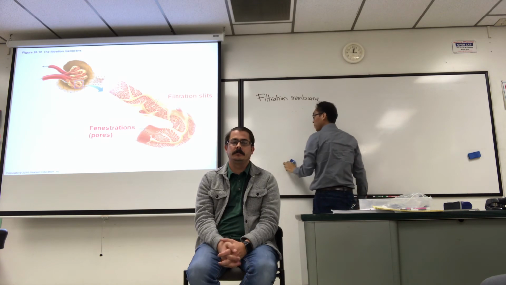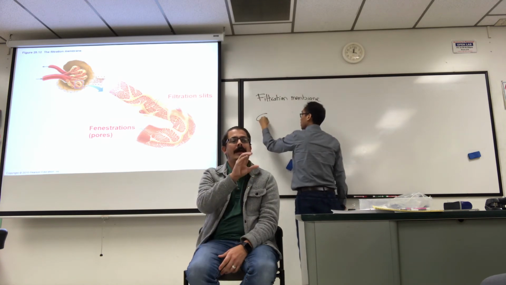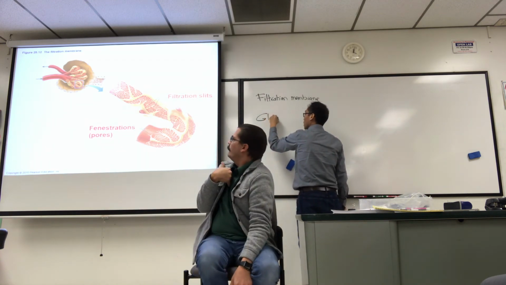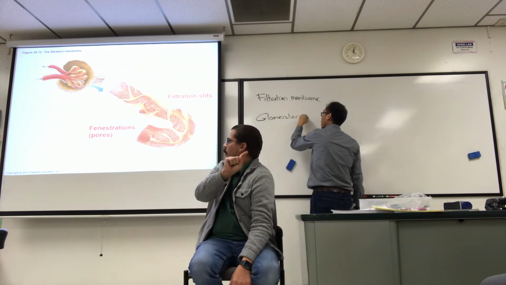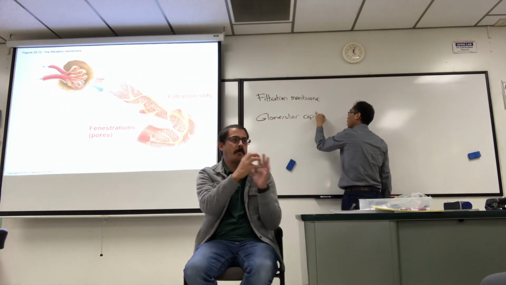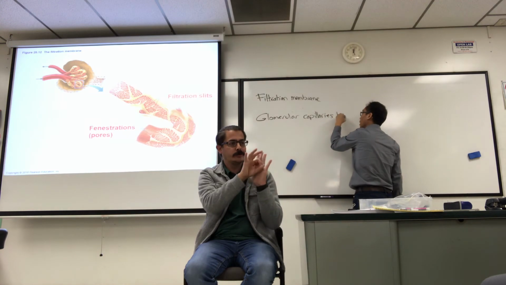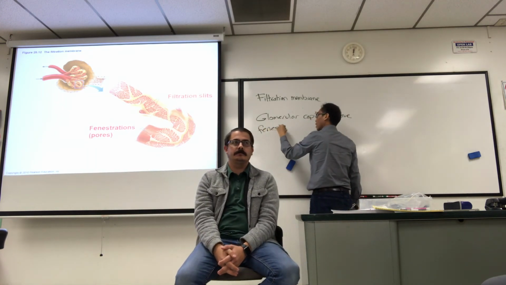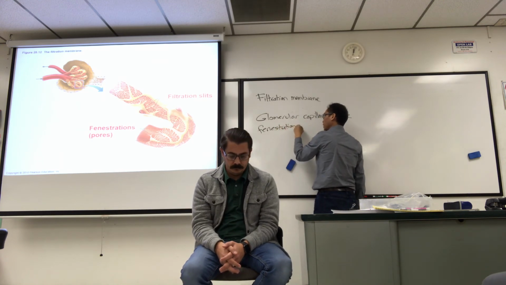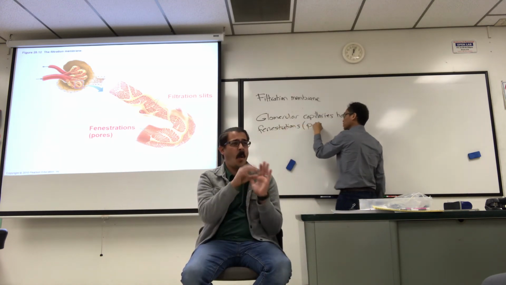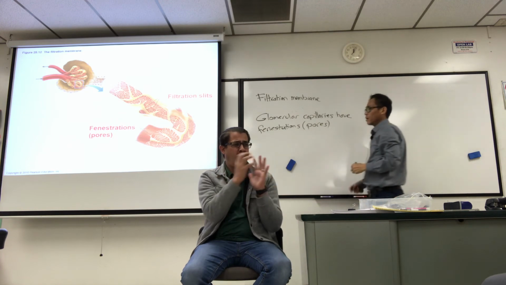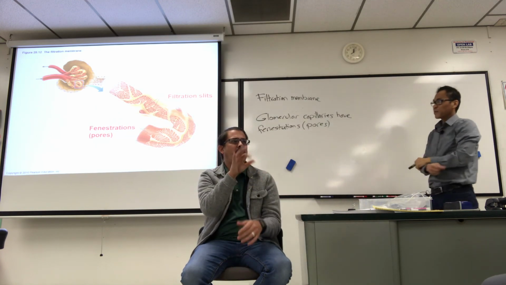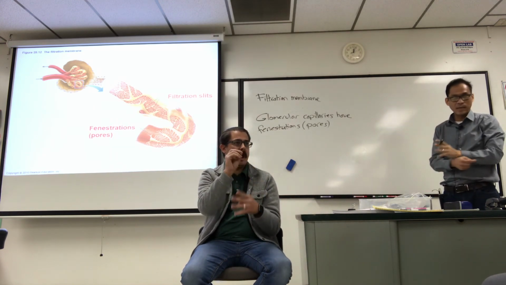The glomerular capillaries have fenestrations. It's full of pores that allow the fluid plasma to filter out. However, you want to limit that. You don't want to lose a lot of nutritious things by filtering everything out.